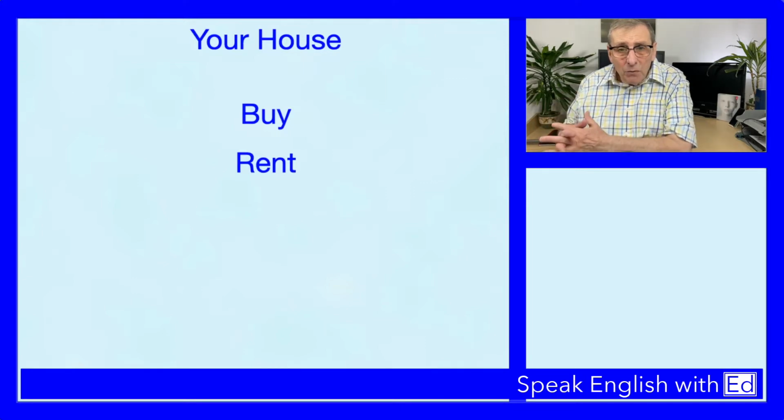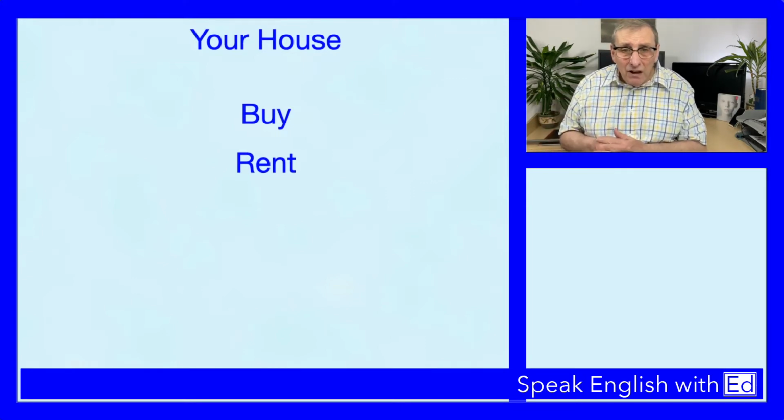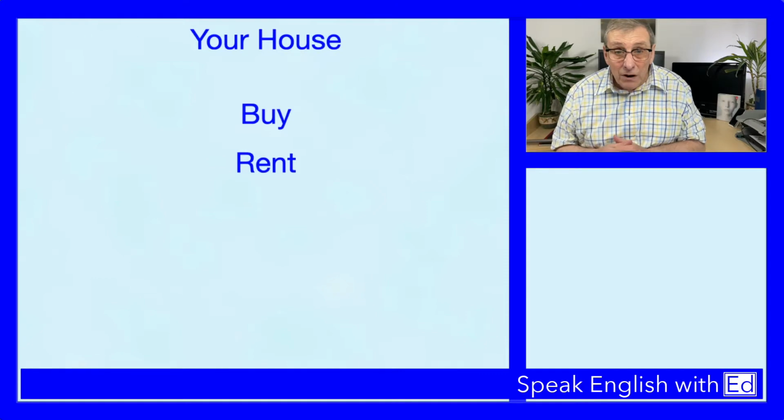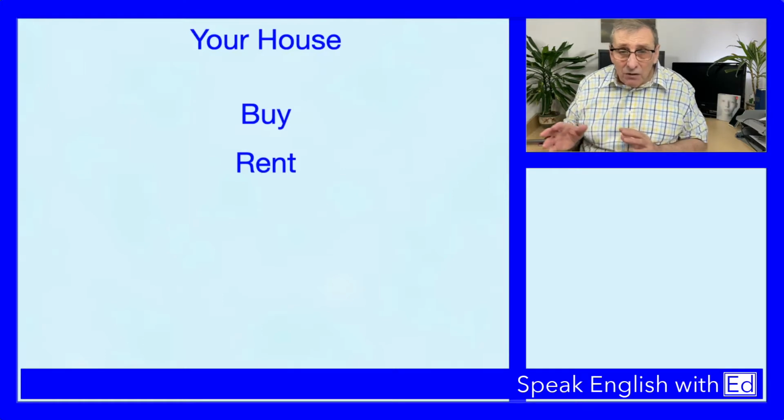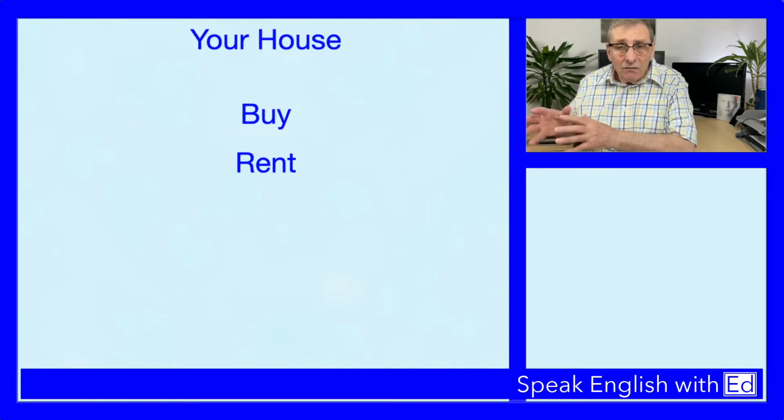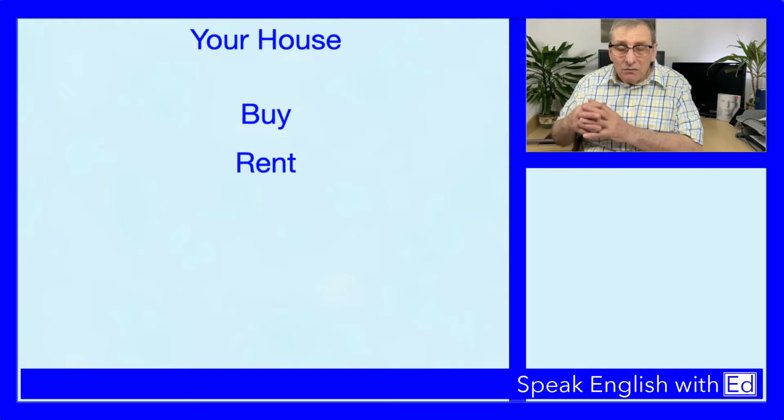When you leave the house, you stop paying, but the house still belongs to them. You don't have a house at the end of the period when you've been renting. You never ever own the house.